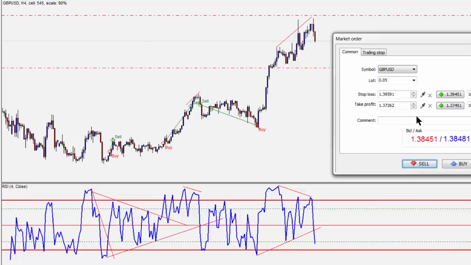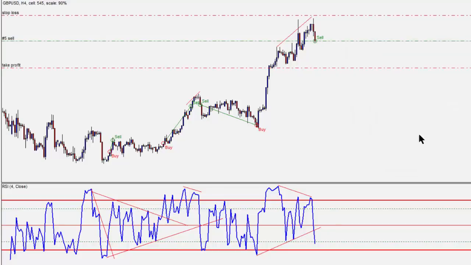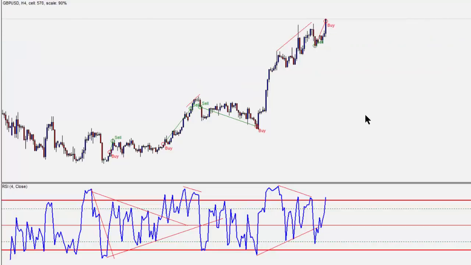And yeah, let's sell, because it has met all the requirements that we know of, and let's see if this works out. Oops, not a good start. Okay, now, didn't work out at all. So these things happen.